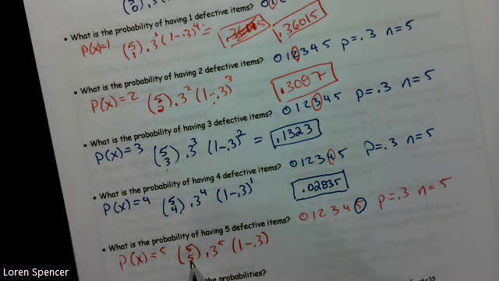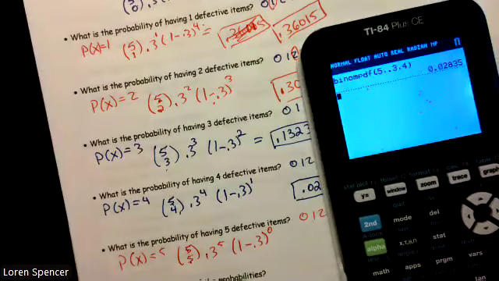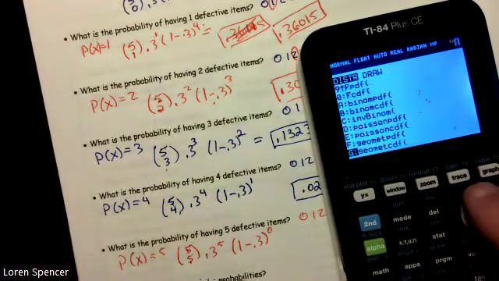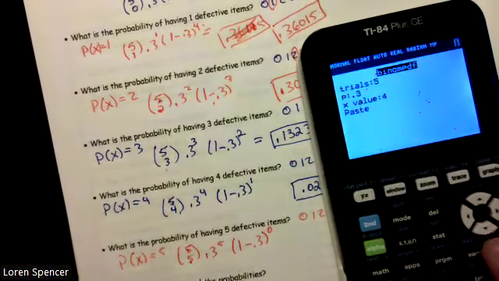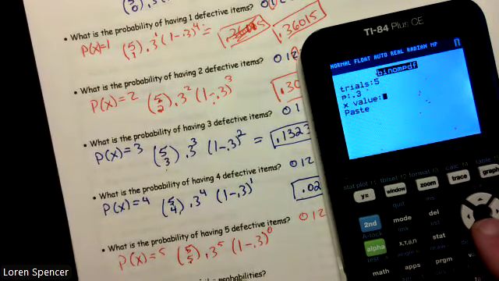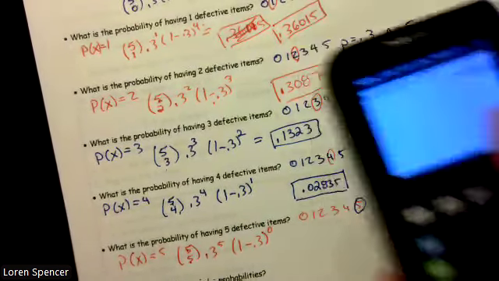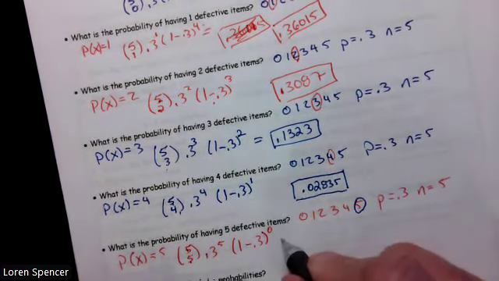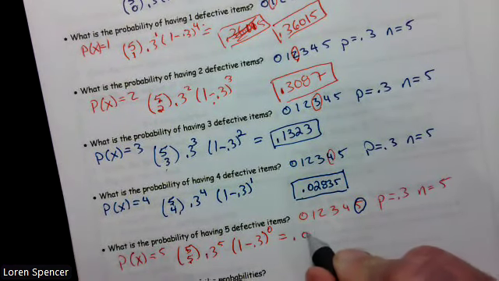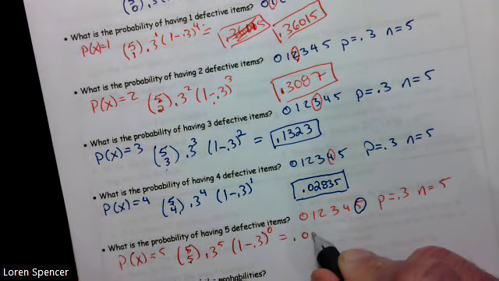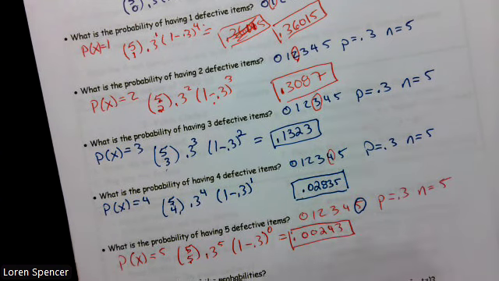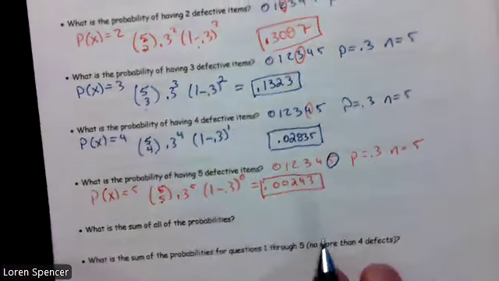What's 5 minus 5? Oh, that's 0, so this is 0. Second vars, binomial PDF. We just changed the x value to 5, and we end up getting 0.00243. So the probability that all 5 are defective is 0.00243.